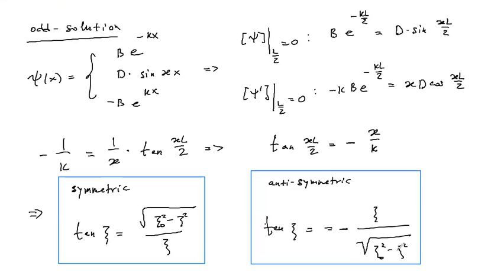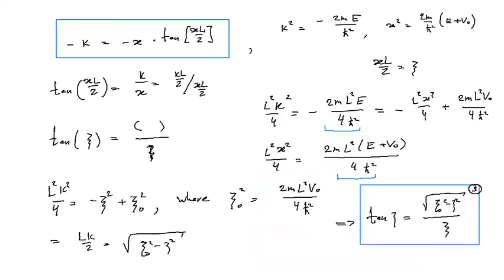Parameter xi, it would be interesting how parameter xi changes. What was the definition of xi? This is basically xi square, yeah? Then let's analyze the range for xi square.